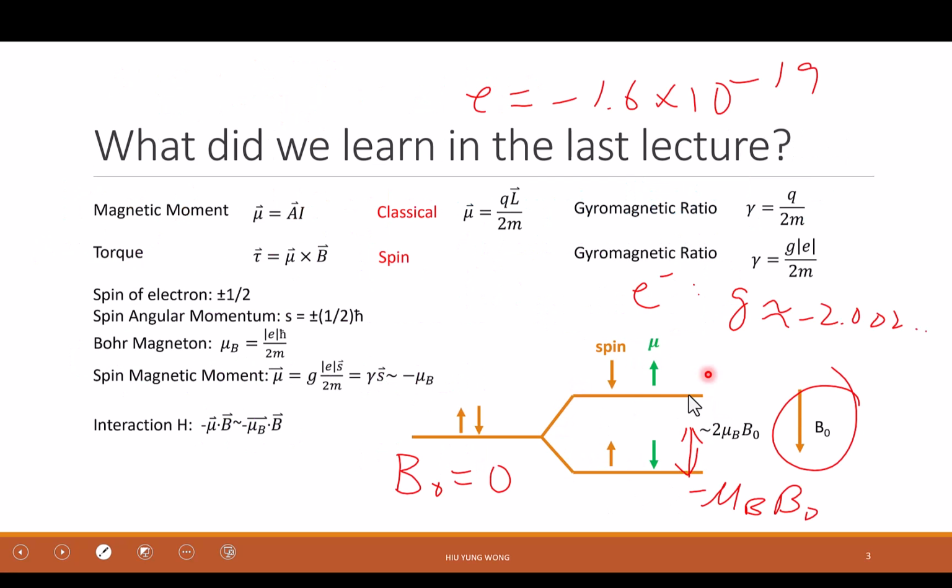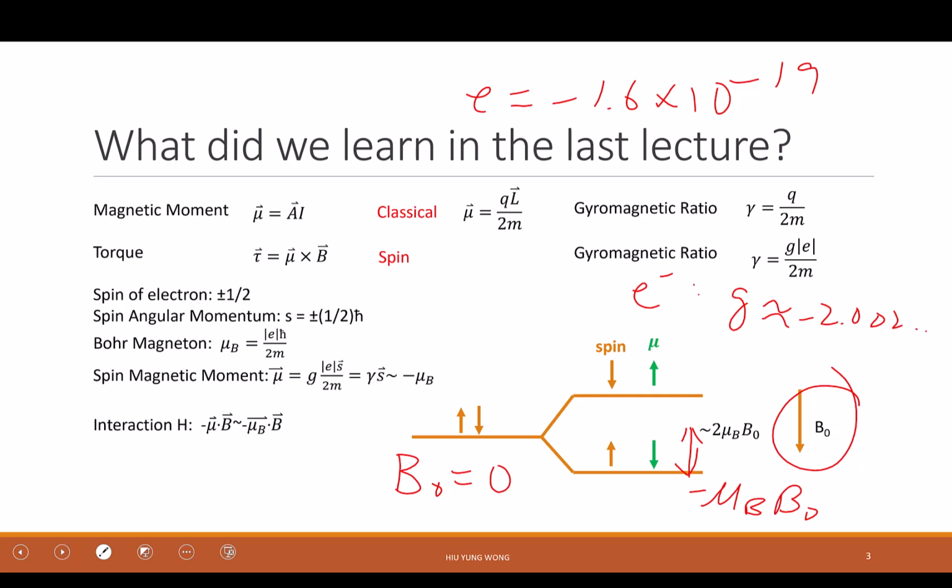This is a type of experiment. I apply a vertical magnetic field in the Z direction. I do some measurement, maybe I shoot a photon and see how it is absorbed or emitted. You trust that I did that? And I found out that I only have two possible states. These possible states, I call spin up and spin down.